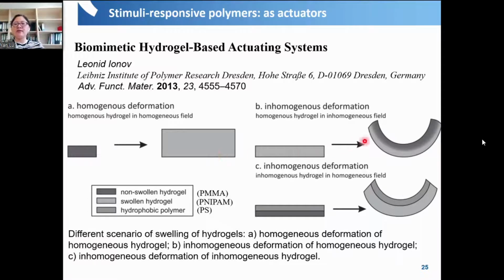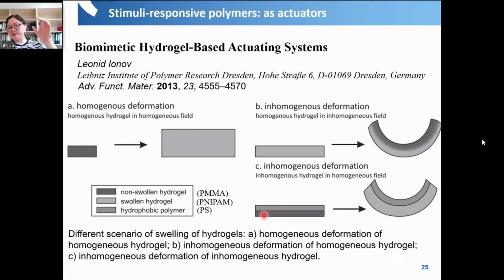Of course, you can change the system. Either you change the field, and then you will have a kind of inhomogeneous deformation, so they can bend. Or you can use a bilayer system to induce a kind of inhomogeneous hydrogel, for example where one will shrink and the other will swell.